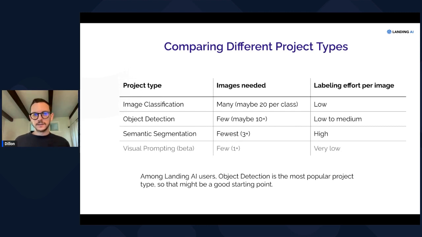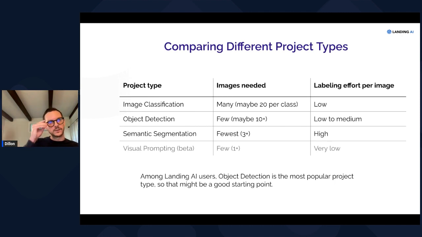And then finally, semantic segmentation, you can think of that as giving the model the most information. So I am literally specifying which pixels correspond to the scratch. So the model knows exactly what pixels to look at and exactly what class they are. Because of this, it's going to be the lowest data requirement.